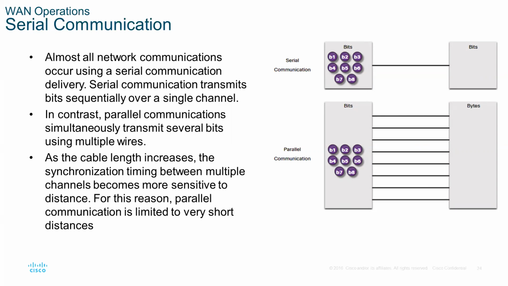So over time, they become out of sequence and are not all recognized as arriving as the same set. So to limit this issue, parallel cables are only used over limited, i.e. very short distances. So for long distance communication, we use serial communications.